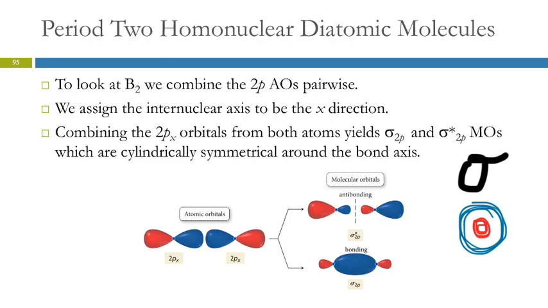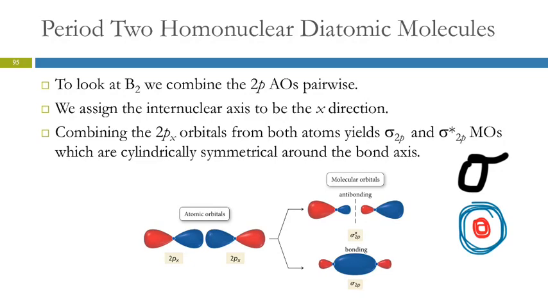Okay, good question? Yeah. How do you decide what goes into the antibonding orbital? Well, right now we're not filling the orbitals, we're just combining them. Okay, so when you're filling them, you fill the lowest energy ones first.